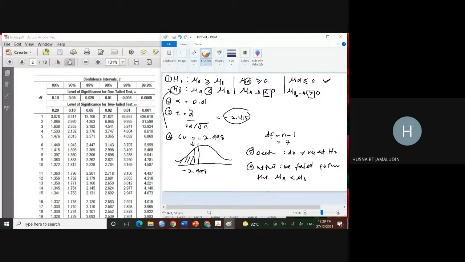Don't just say we fail to show H1, rewrite the H1. We fail to show or to prove that the mean after the installation of the CCTV can reduce the number of thefts compared to before the installation of CCTV. Okay, is it clear? Clear.